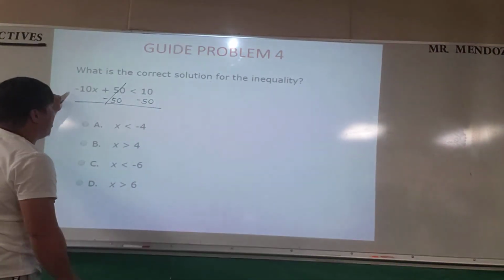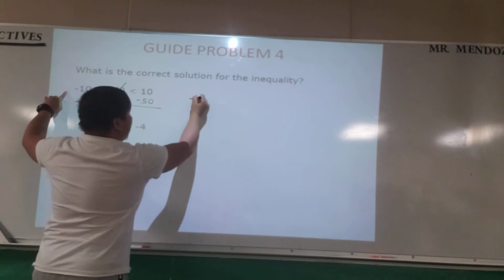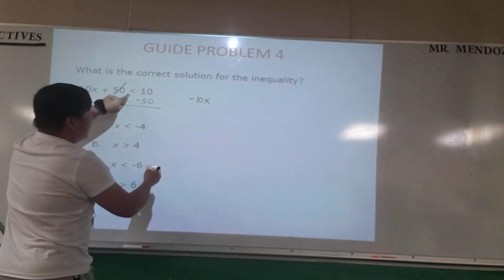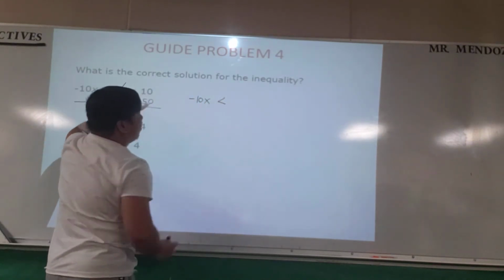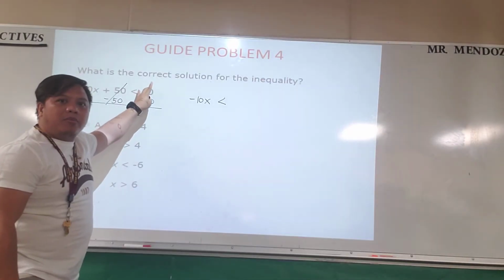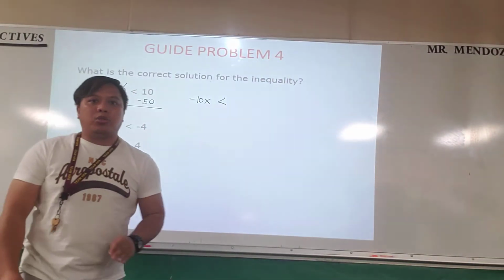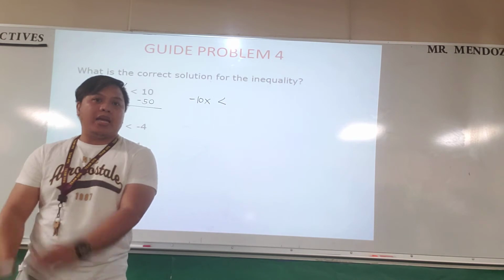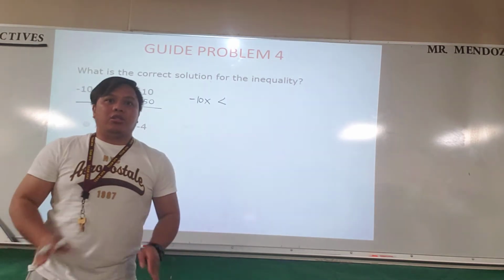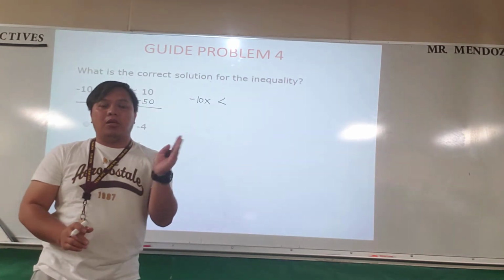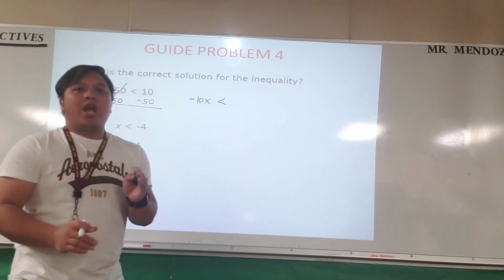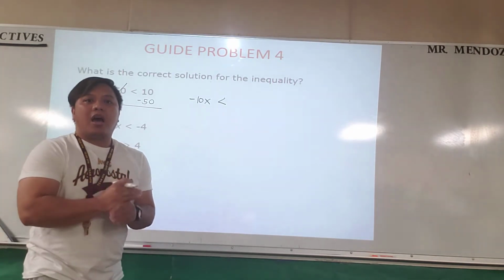So what was left in here? Negative 10x is going to be less than 10 minus 50. I got a positive number, I got a negative number. What happens when you combine a positive and a negative? Basically, you need to subtract, and when you subtract, you copy the sign of the higher number.